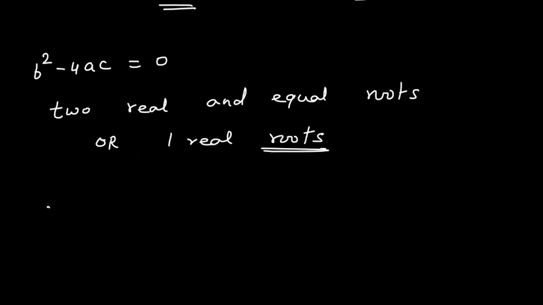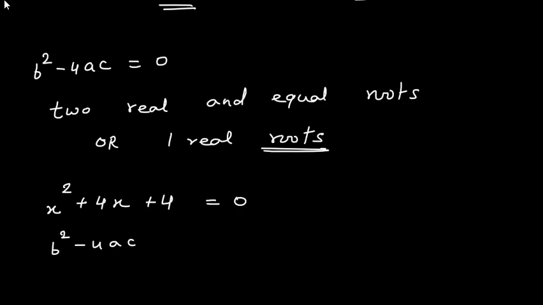Again I will take an example of x square plus 4x plus 4 equal to 0. Before finding x, we find the discriminant. So let us find the value of b square minus 4ac.